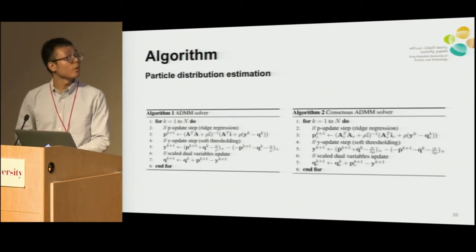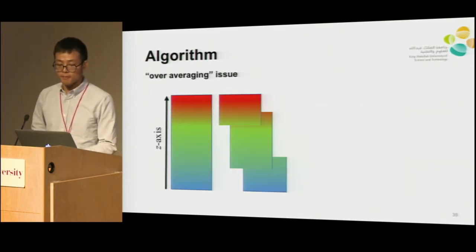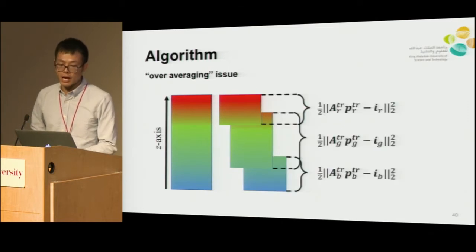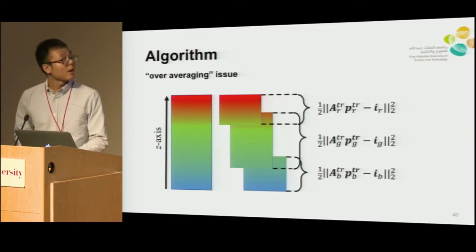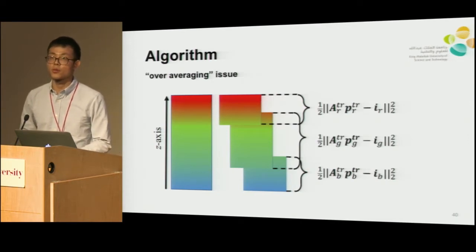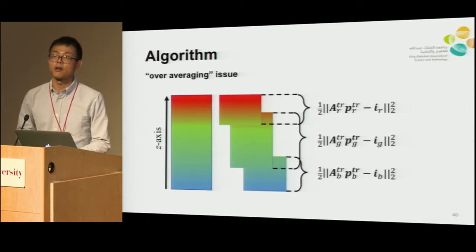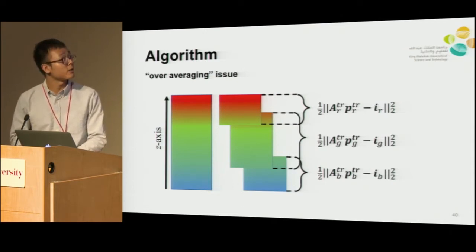While if we average the solutions to each sub-problem, it will lead to a degraded result. We proposed a truncated strategy to overcome this issue, where each sub-problem only reconstructs the particle distributions within the region with the referred color information, and the averaging is only performed on overlapped regions.